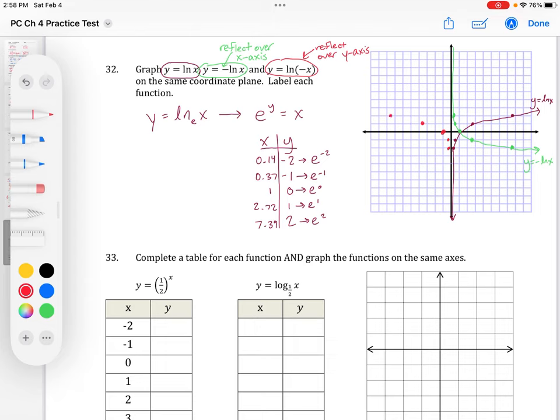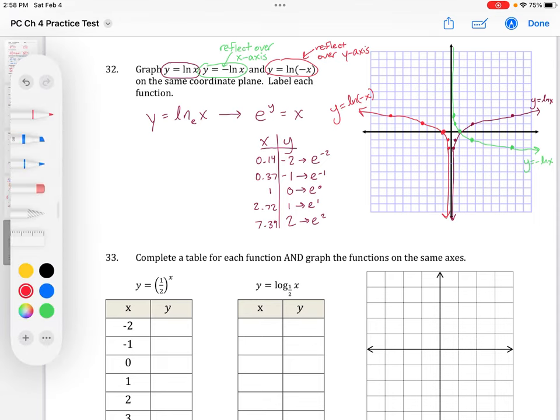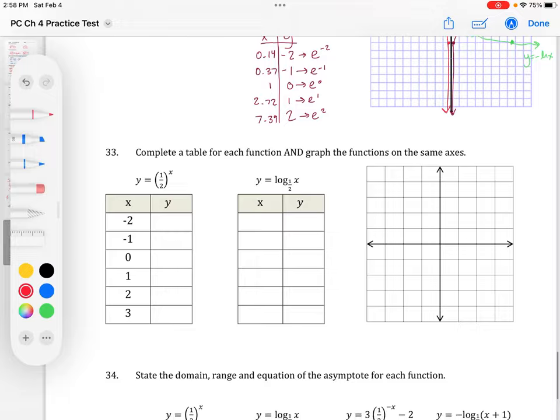And this one again is going to go straight down as you get closer to x equals 0 and then start to level off. This is y equals the ln of negative x. All right, so if you understand those transformations, you can use that parent graph to come up with your new graphs.